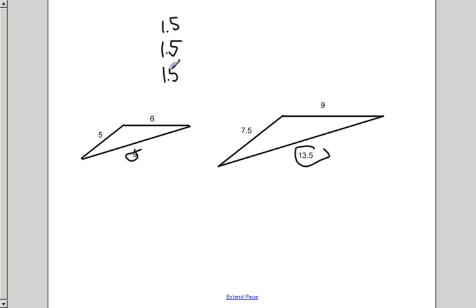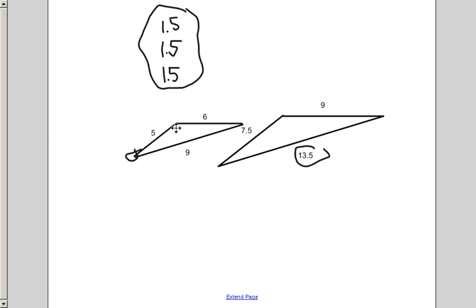It's also 1.5. So because the ratio of corresponding sides is the same, we know that these triangles are similar. And again, I'm going to show you how that means corresponding angles are congruent. They are the same.